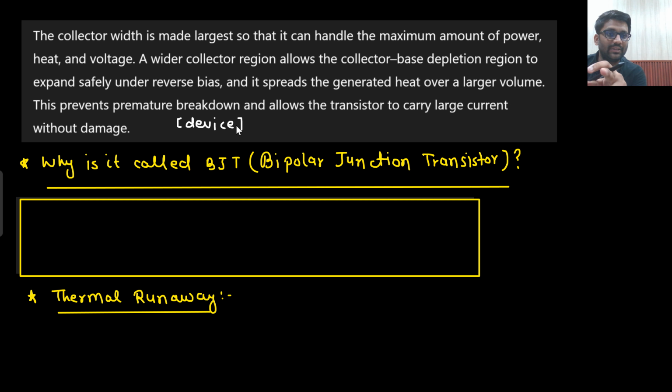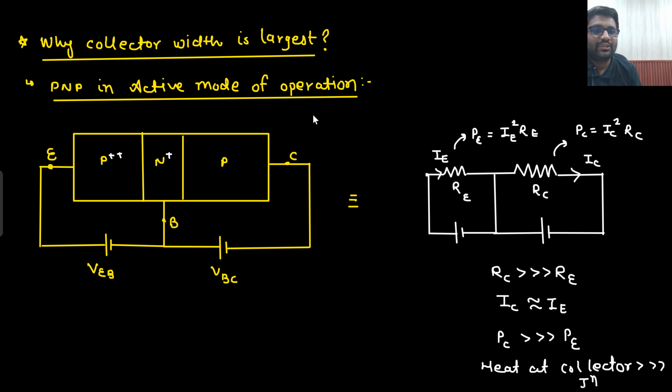But as of now, breakdown here means device breakdown, and the wider collector allows the transistor to carry a large amount of current without any damage. So just to prevent your BJT from being damaged, you are making the collector width higher so that the power will be dissipated across more volume, not lesser volume. If it is dissipated across more volume, then your BJT will not burn out.